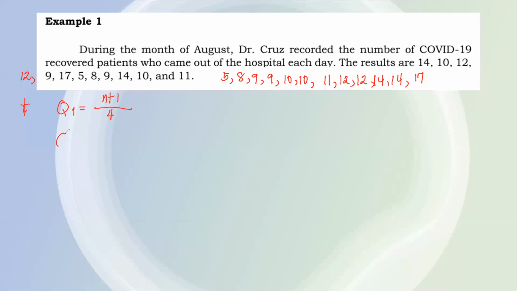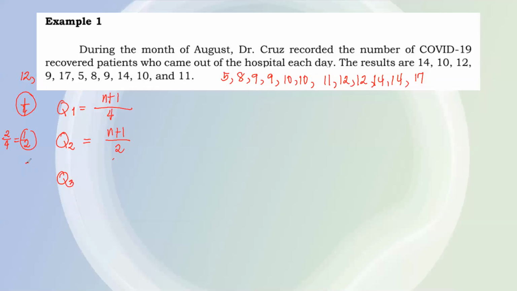Okay? Second quartile, ulitin ko, that's 1/2, or 2/4. So that's n plus 1 divided by 2. Kaya siya naging ganyan ha. Nanggaling siya sa 2/4. Dapat matandaan nyo to para maintindihan nyo yung formula niya.